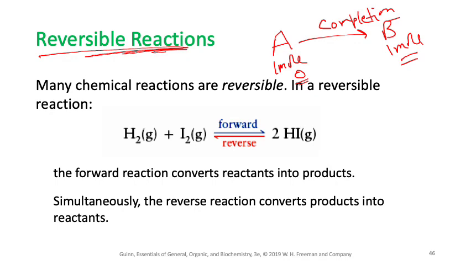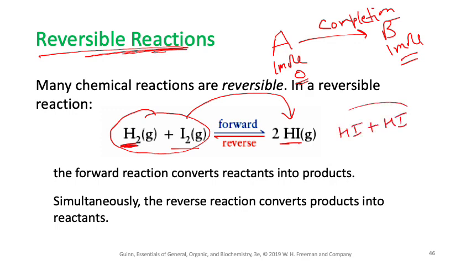And what is a reversible reaction? For example, in this reaction that we had on the PowerPoint, hydrogen gas reacts with iodine gas to make the product hydrogen iodide. In this reaction, the reactants come close together, collide with each other, and then convert into a product. But in a reversible reaction, you have 2 molecules of HI and HI, and the product might interact with each other too and convert back into a reactant.